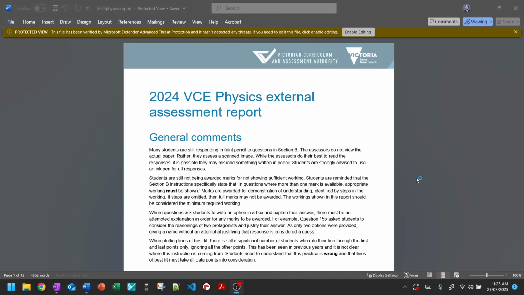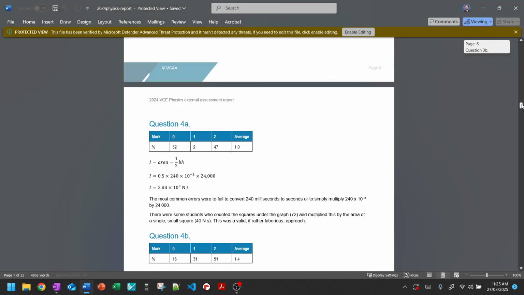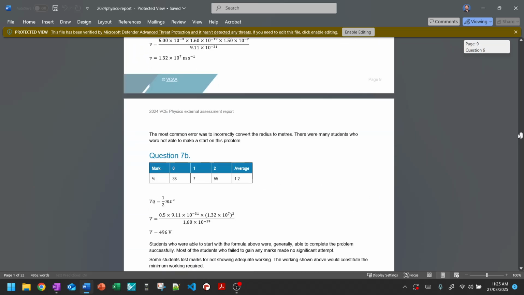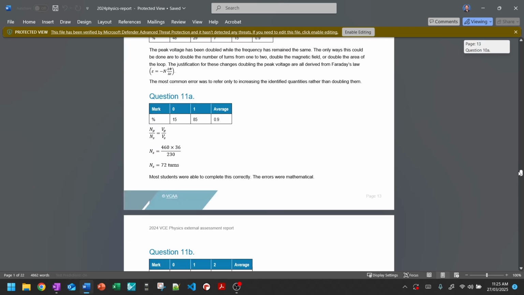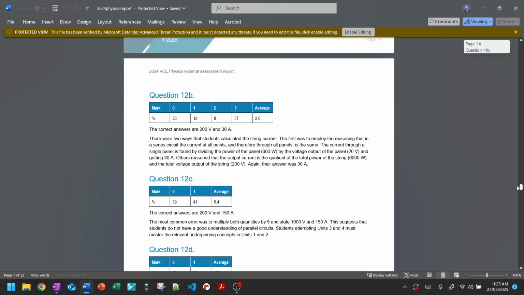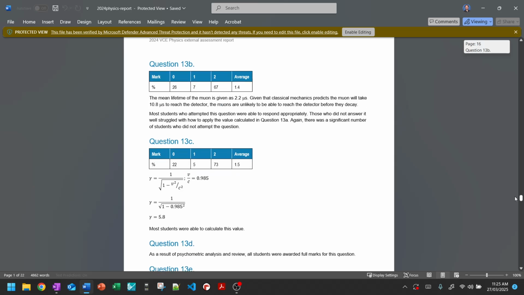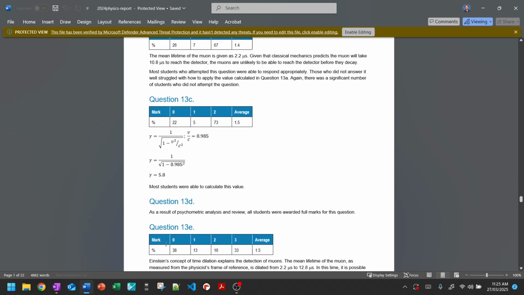All right, so here's the report. If I scroll down to 13D, they say something really interesting. I really wish I went to the conference or I was an examiner this year or an assessor. But it does say, very interestingly, as a result of psychometric analysis and review, all students were awarded full marks for this question. I have no idea what that means.